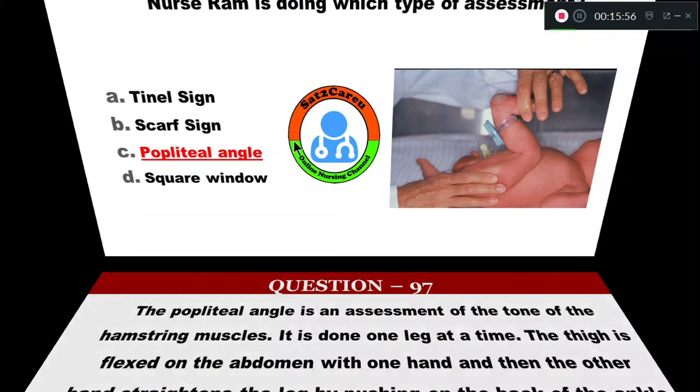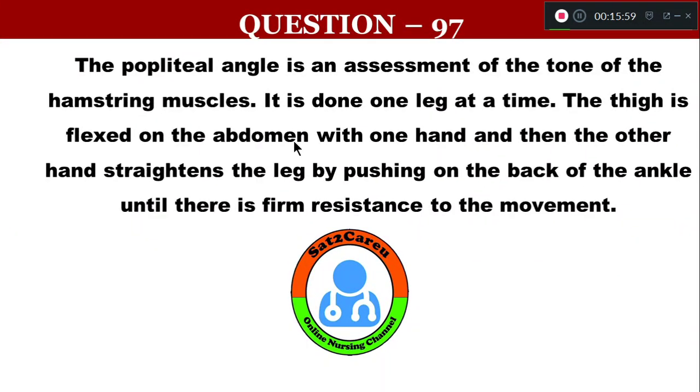From the rationale, the popliteal angle is an assessment of the tone of the hamstring muscle. It is done one leg at a time. The thigh is flexed on the abdomen with one hand, and then the other hand straightens the leg by pushing on the back of the ankle until there is a firm resistance to the movement.